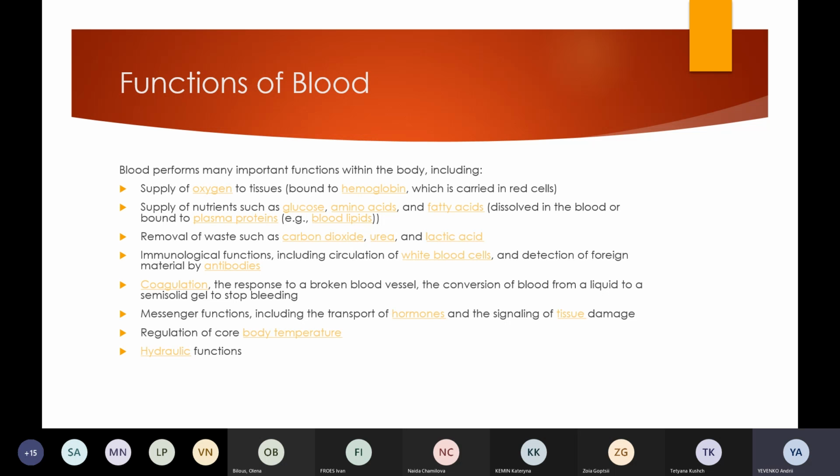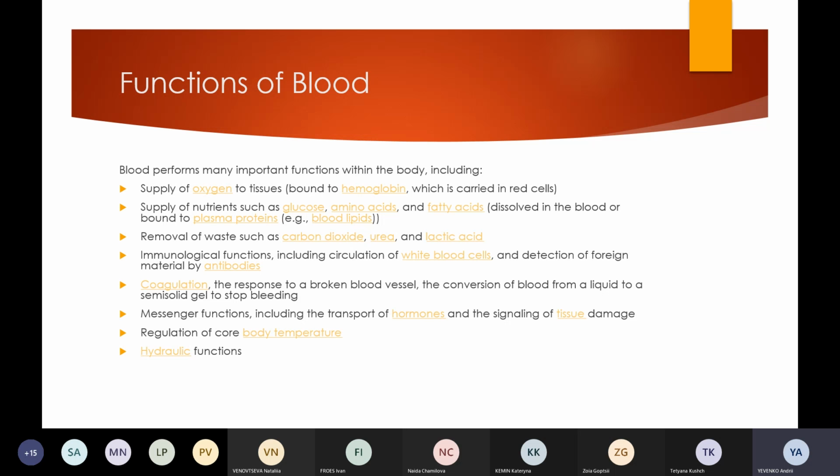One of the most important functions that we're going to talk about today is immune function. It is carried out by white blood cells, also named leukocytes, and the plasma also has antibodies. We will talk about them later in this presentation. Another important function is coagulation.